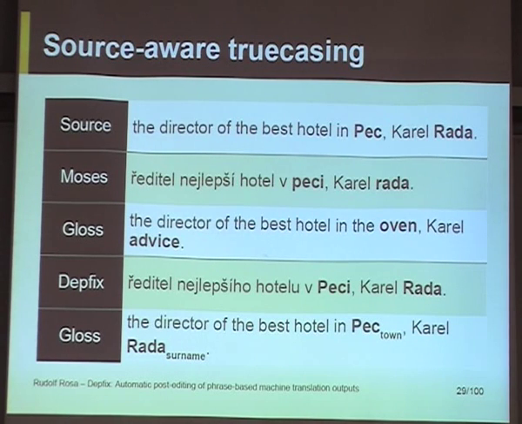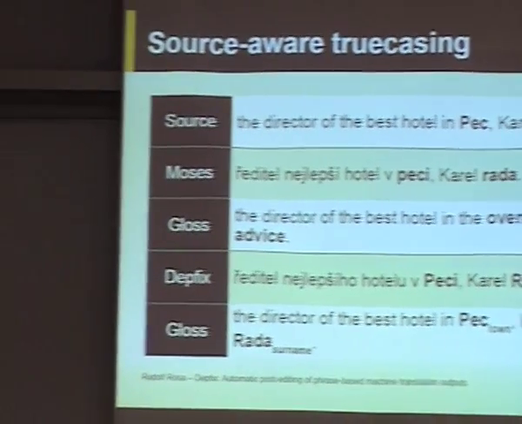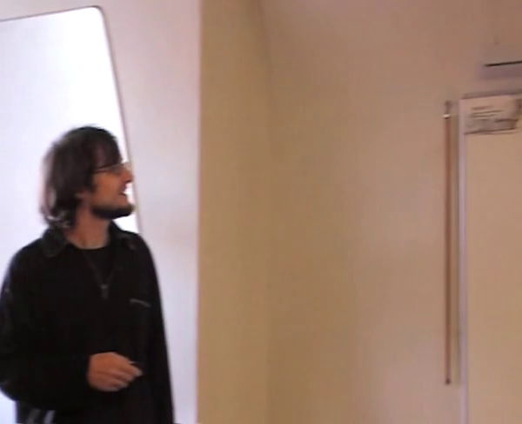Source-aware true-casing is another very simple thing. So if I take this source sentence, the director of the best hotel in Plzeň, Karel Rada, Moses does true-casing in a very stupid way. So it often happens that the words that are common in Czech get incorrect casing, so we could translate it as probably the director of the best hotel in Alden, which is not what we really want.